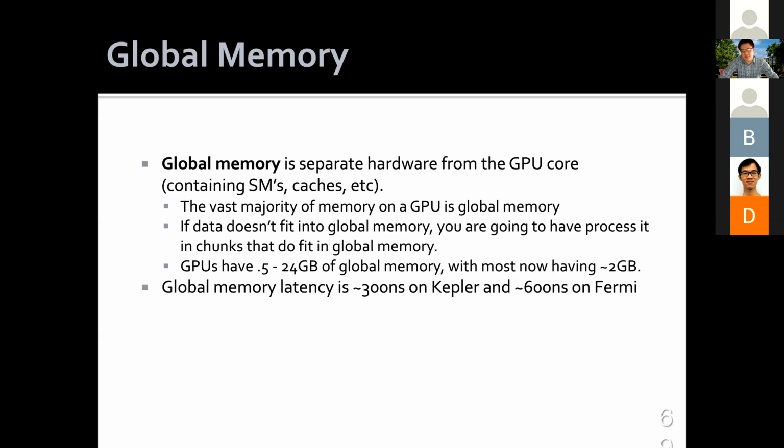If your laptop or desktop has larger GPU memory, maybe you can play your game more smoothly, right? This is what people usually talk about as GPU memory. For example, you purchase one NVIDIA GPU card with 4 gigabytes. This 4 gigabytes is the global memory, okay? It's usually a specification of your GPU card, right?